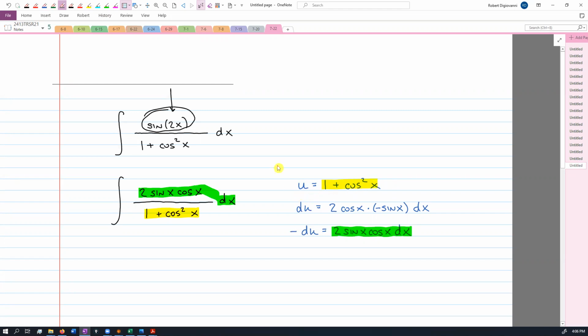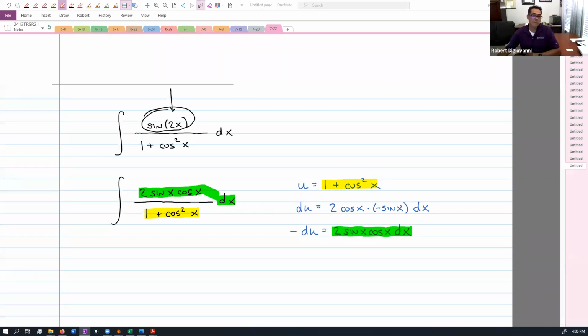The only other way you would have got that, I mean, well, you would need to do this double angle identity. But if you didn't see all this, the only way you would have got it is just to try it. I mean, you would have had to say, let me try u as 1 plus cosine x squared, you know, that's the only way you would have known is just to take a swing.